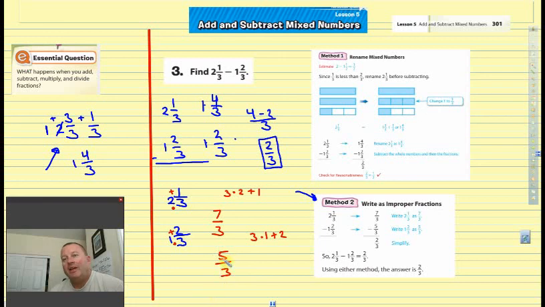Well, if I have this out, remember, we're subtracting. Put it all together. I got my 3, 7 minus 5. Voila, I end up getting 2/3. Same thing. Two different methods, two different styles.